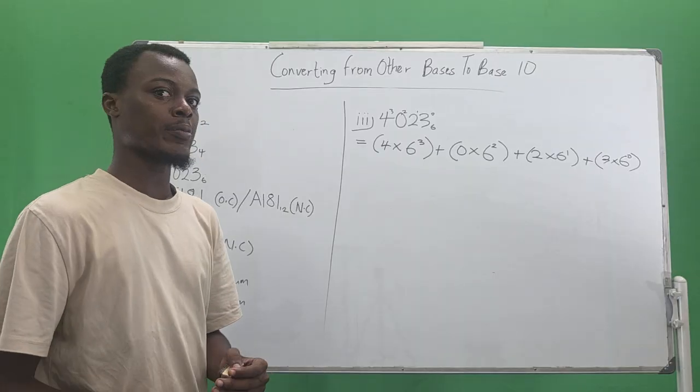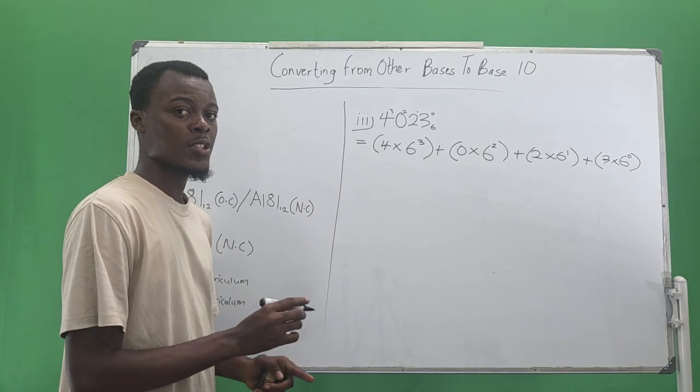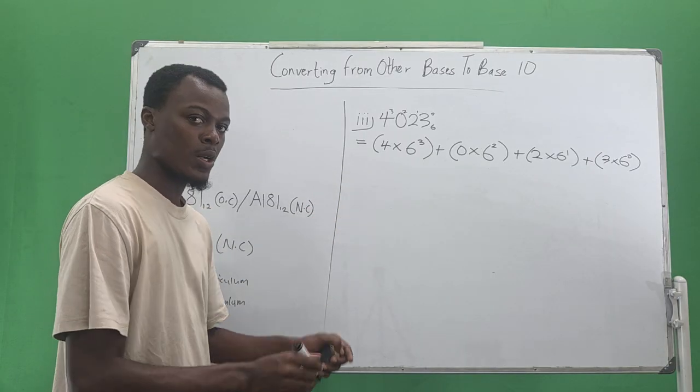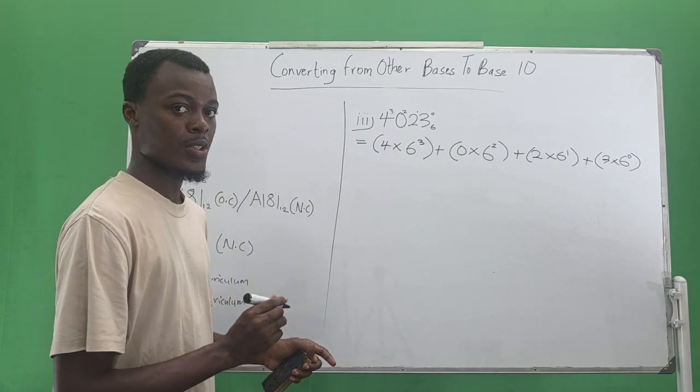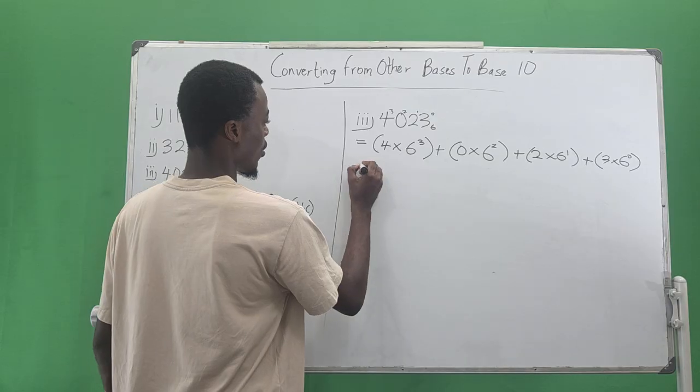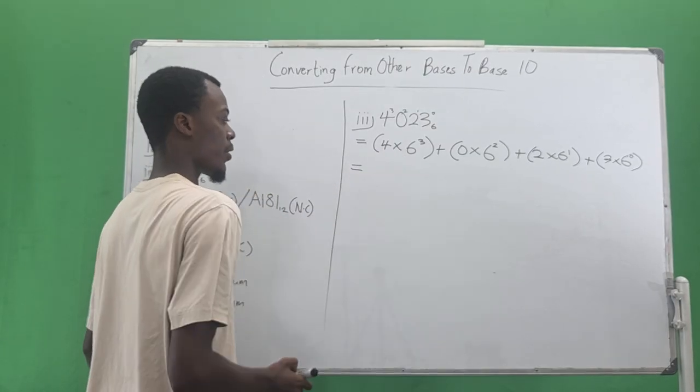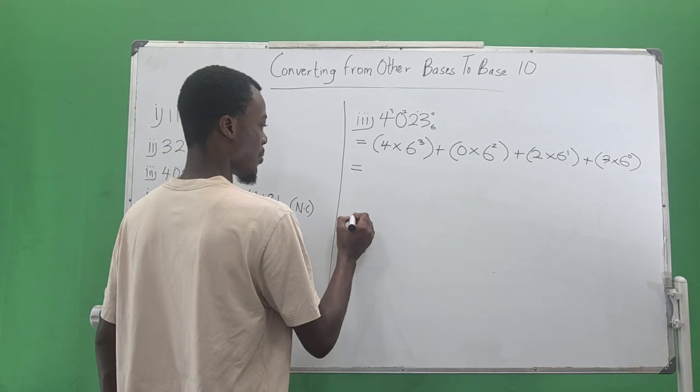So now watch here. Now, this side is confusing a lot of people. So if you are doing this and you have a calculator, use your calculator to do it. Just be very careful when you're doing this. So now, 4 times 6 exponent 3, 6 times 3.